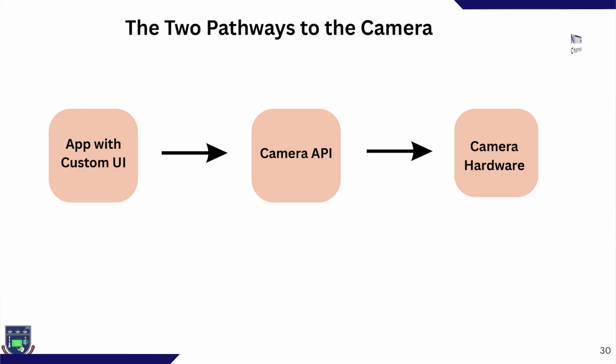The user never leaves your application. The con is that it is significantly more complex to implement and requires a deeper understanding of the system. For most applications starting out, using the built-in intent is the recommended path, but for a truly unique user experience, a custom view is the way to go.